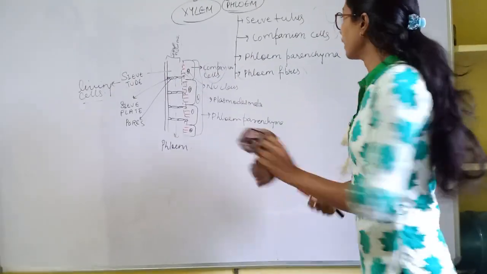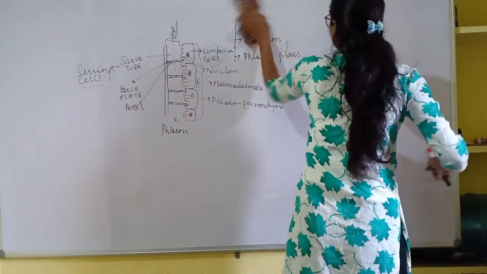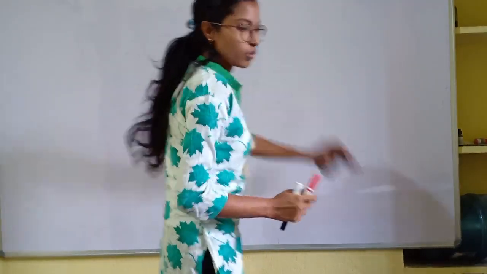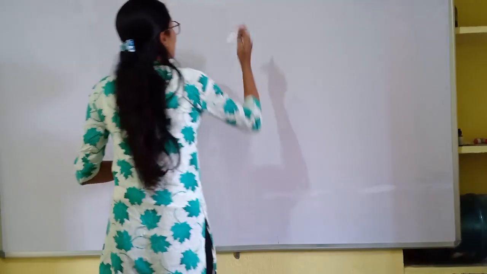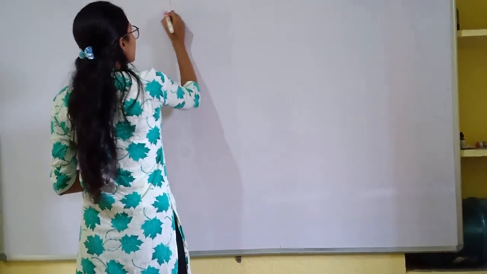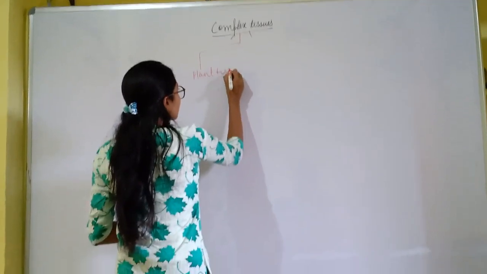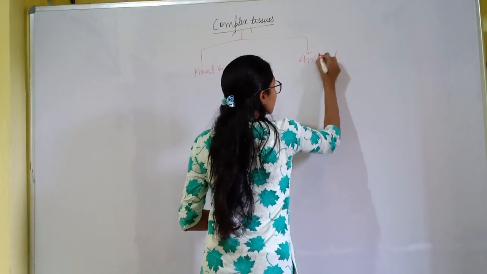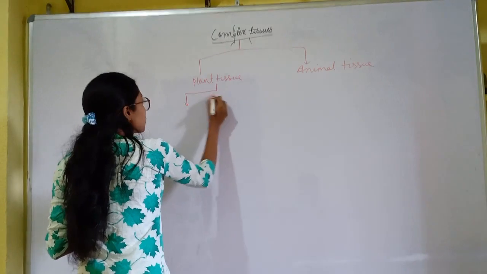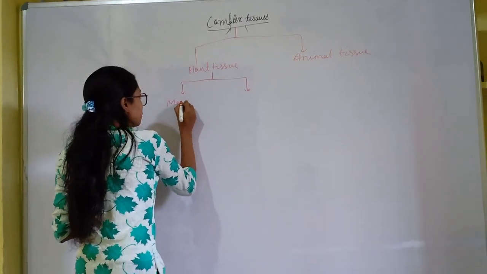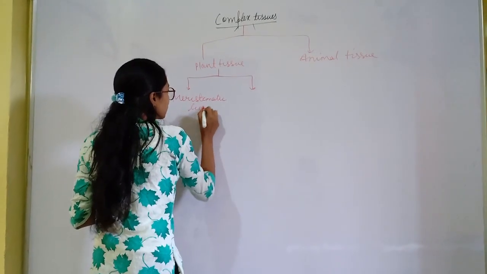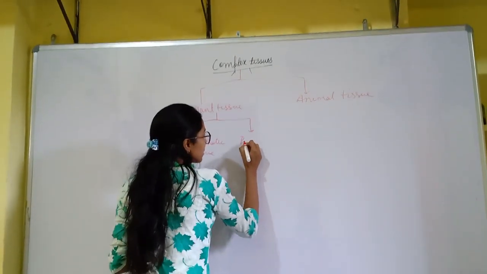Now we have seen the first tissue, that is the plant tissue. Now through the flow chart we will see what were its types. So tissue was categorized into plant tissue and animal tissue. Now plant tissue was again categorized into meristematic tissue and permanent tissue.